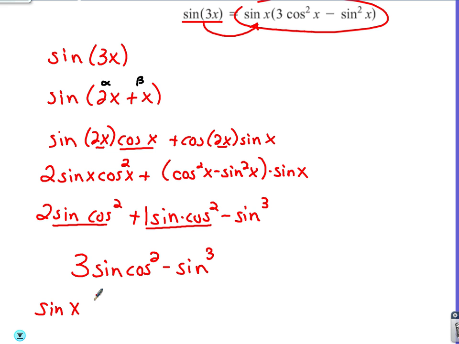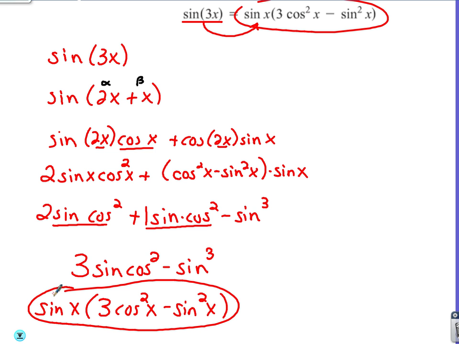Factor out sine of x, you're left with 3 cosine squared x minus sine squared x, which is identical to what you were trying to prove. So is the sine of 3x equal to sine x, 3 cosine squared x minus sine squared x? Yes, it is.